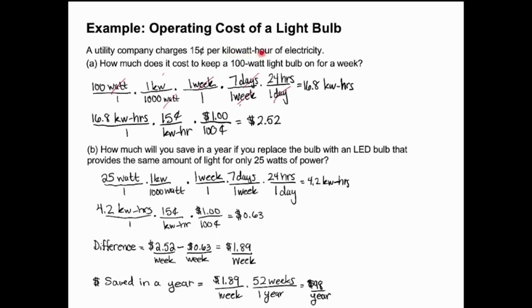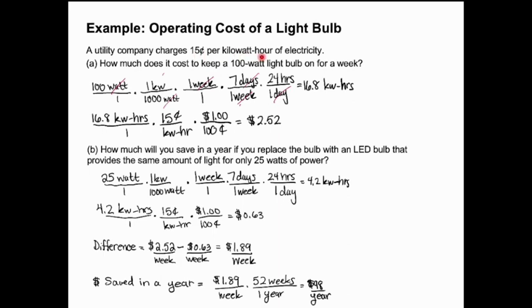Once we know what kilowatt hours are, all we have to do is multiply by 15 cents and we'll have the cost. So our strategy here is to use the watts, change it into kilowatt hours, and then use the kilowatt hours to multiply by the 15 cents and find the cost.